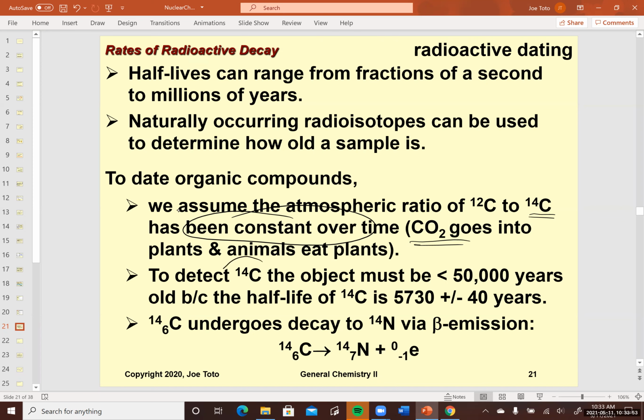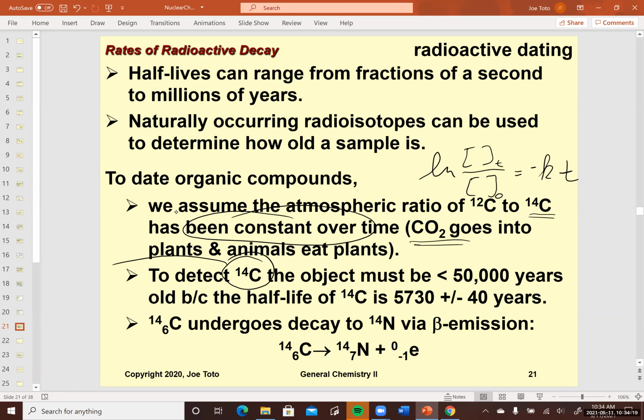And we can tell how much time it's decreasing using that first order integrated rate law, because we know, let's write that. ln of the concentration at some time over the initial equals minus kt.